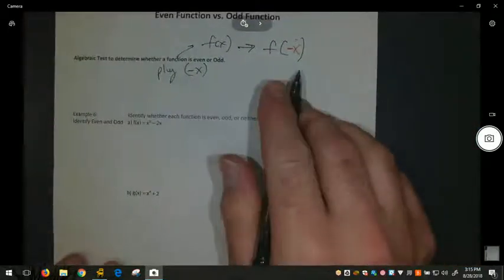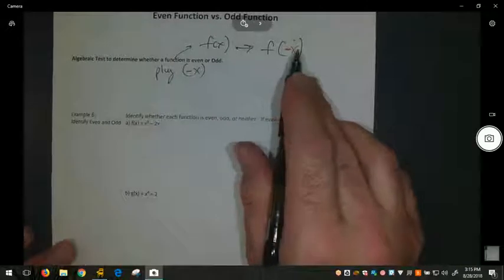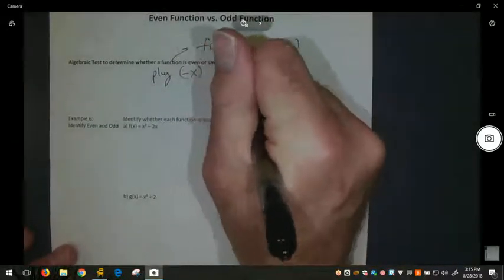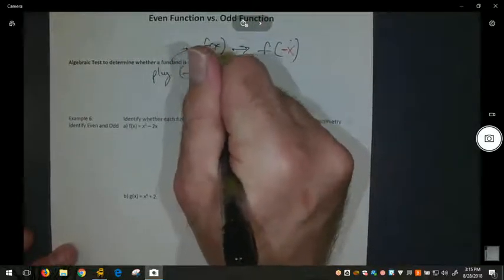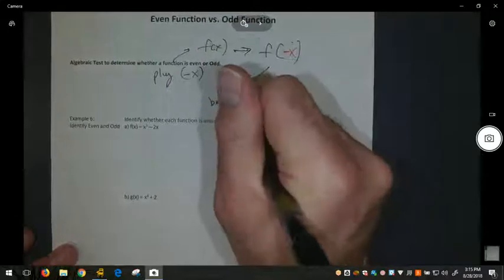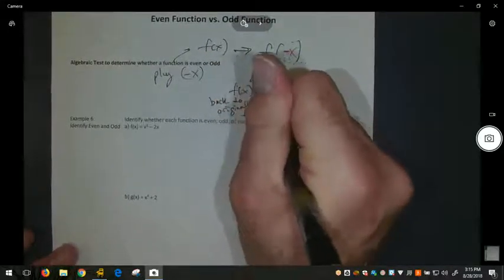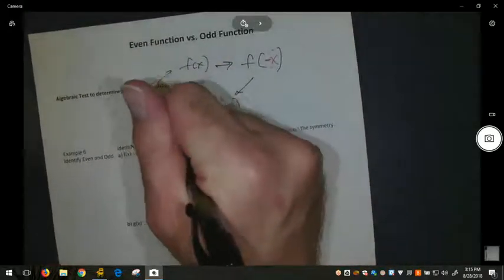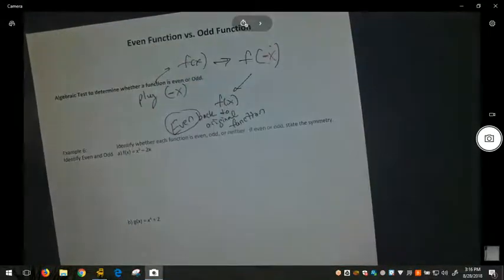If in doing so, you evaluate it and the negative goes away and leaves you with the original function, back to the original function. So again, this only works for functions. That's why I'm using the word function now. Then it is said to be an even function.